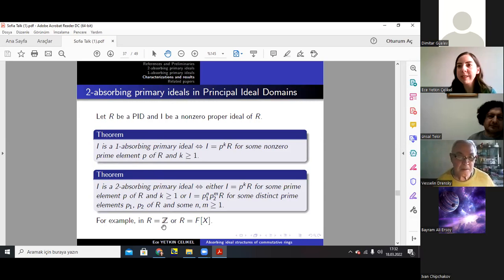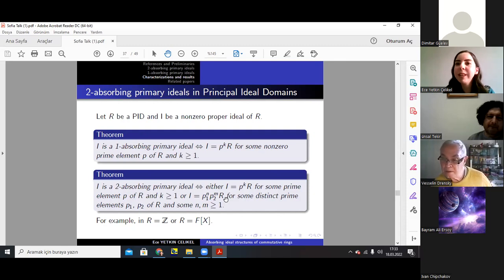Z is a principal ideal domain, and we can find all of the absorbing ideals by using I equals p to the power k, just prime ideals and their powers. So again, two absorbing primary ideals can be written as prime ideals to the powers n and m.